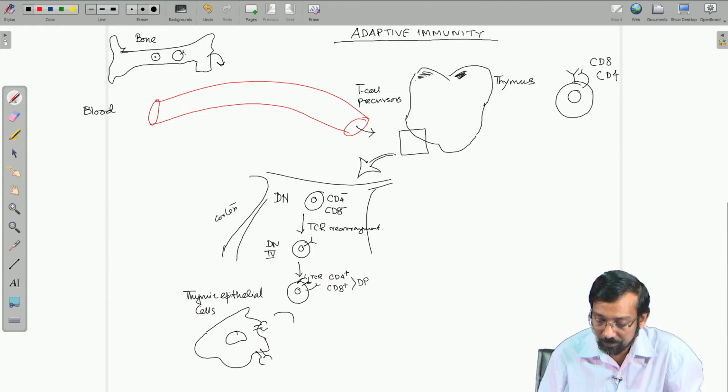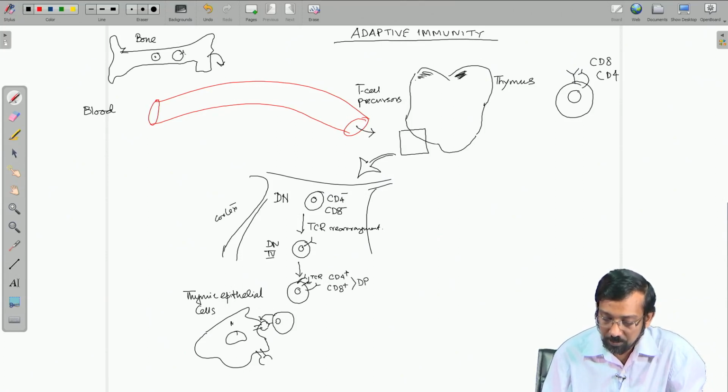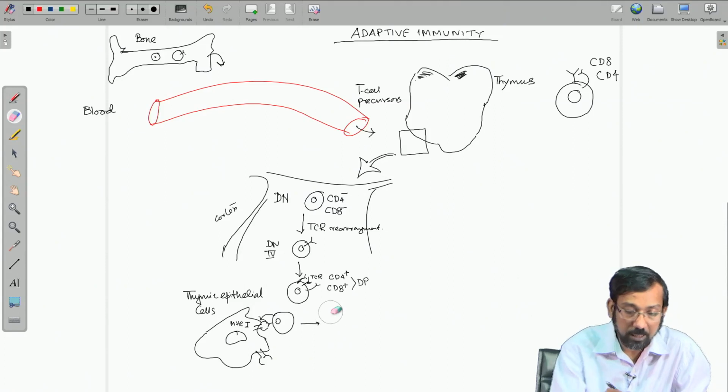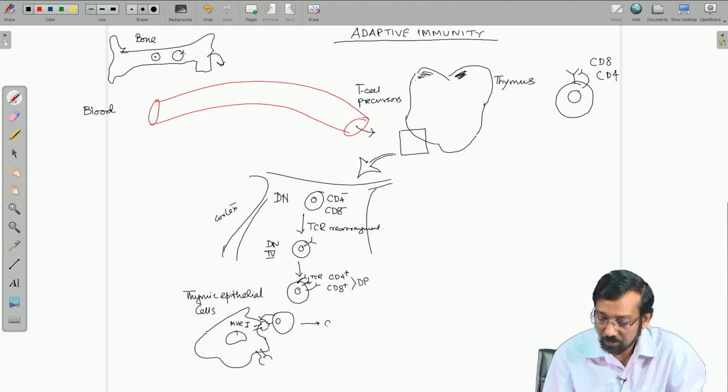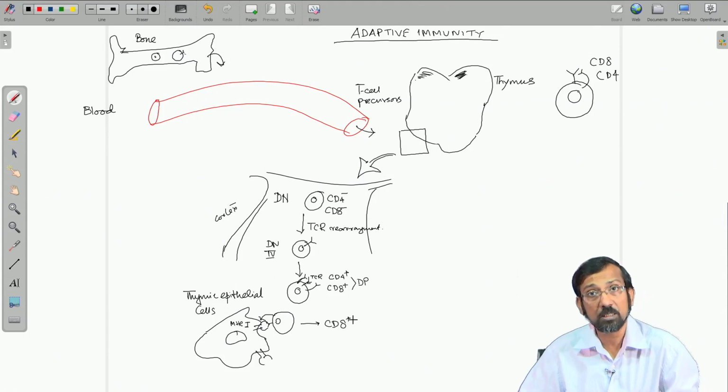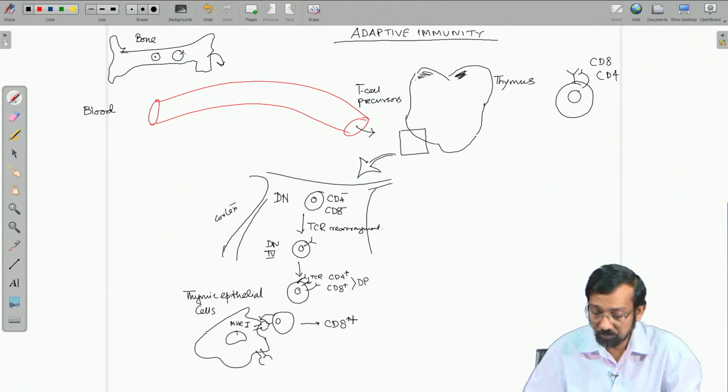If this double positive cell is interacting with an MHC class 1, then it is going to become a CD8 plus cell, expressing the CD8 co-receptor only.